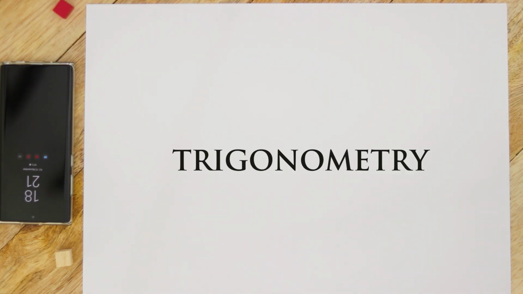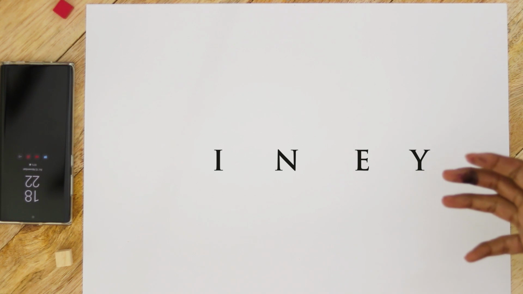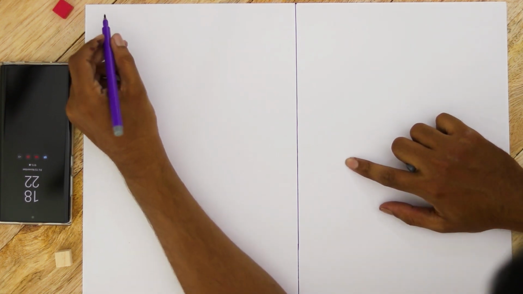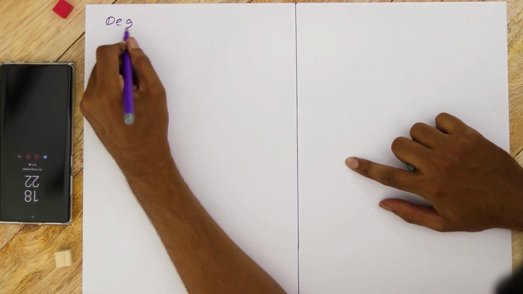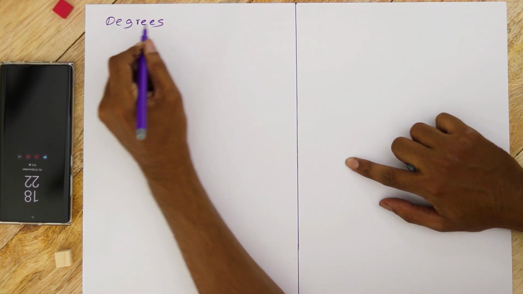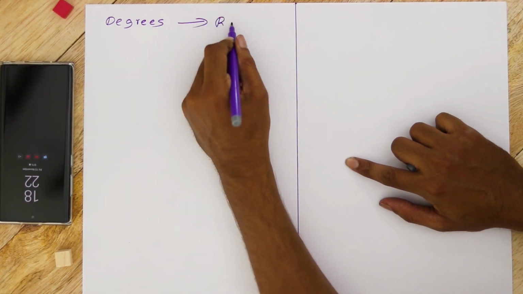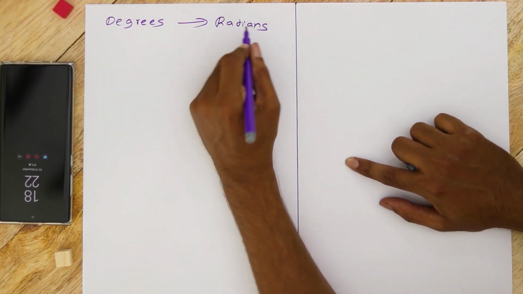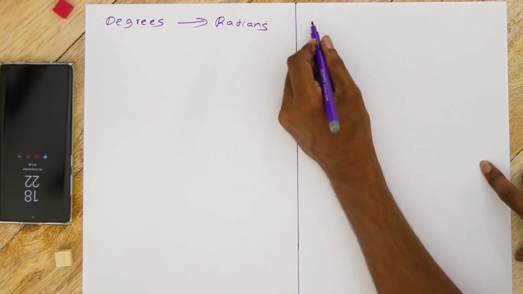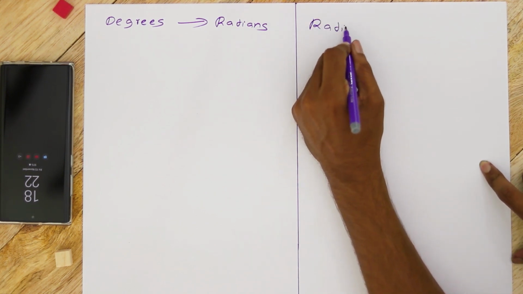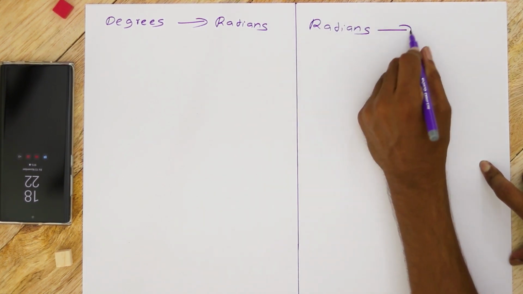So how to convert a degrees angle to radians and a radians angle to degrees. We'll write here degrees to radians, and here I'll be doing how to convert radians to degrees.